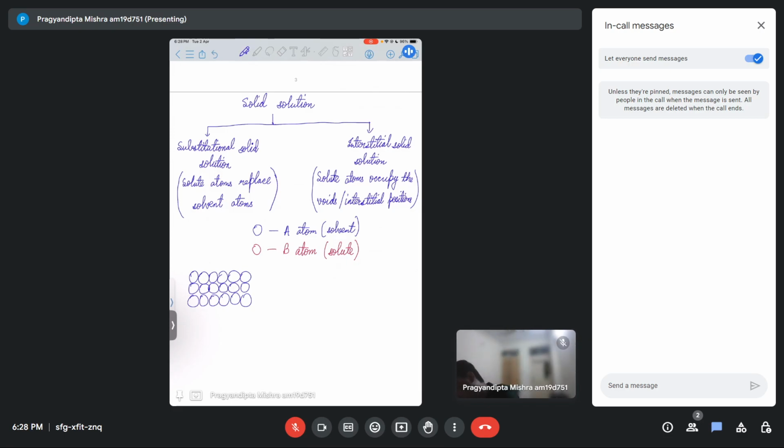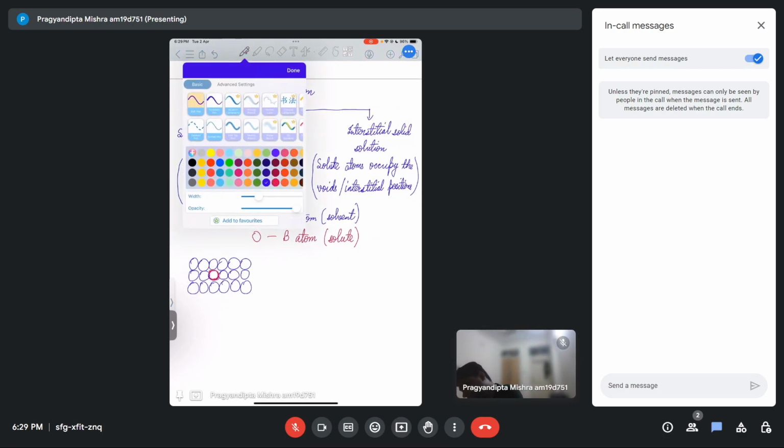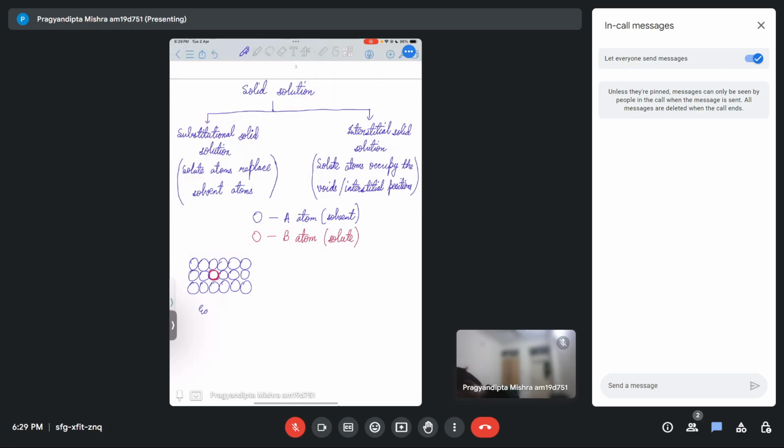Then probably one of the atoms is getting substituted by a new atom. Let's say this atom is getting substituted. So now instead of A, I have one substitutional atom B in between. One example for this could be nickel added to copper. Copper is my A atom, nickel is my B atom, and nickel getting added to copper could be one good example.